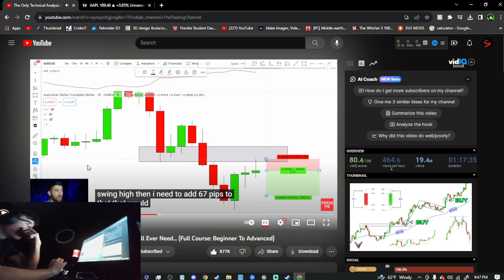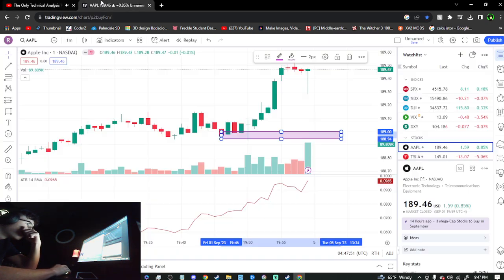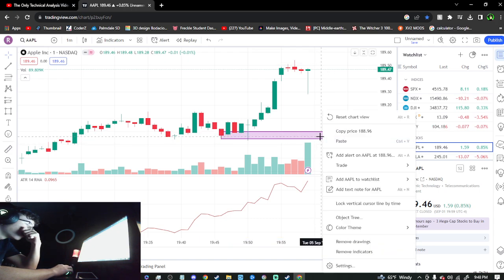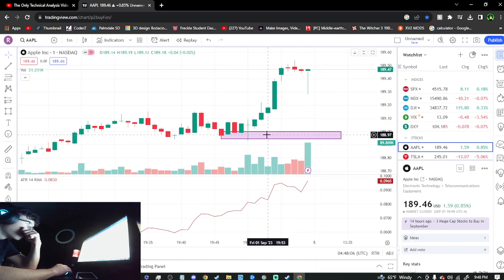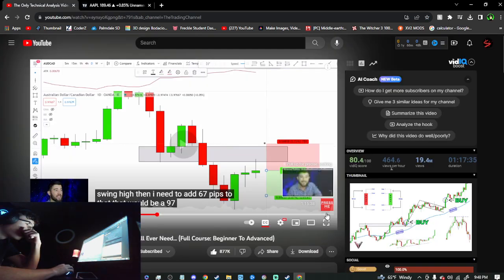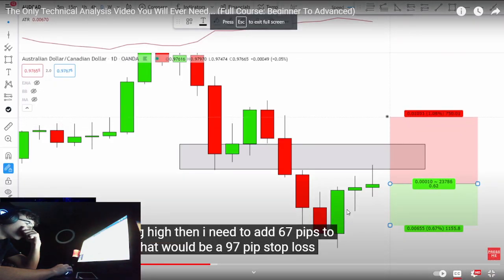Seven pips to that. That would be a 90. Seven pip stop loss.